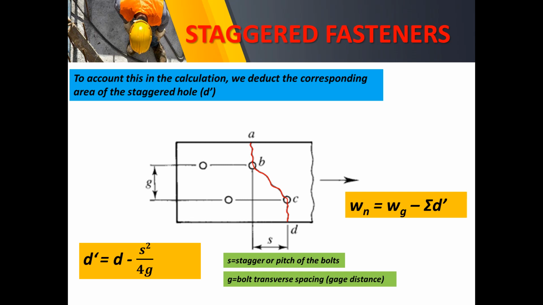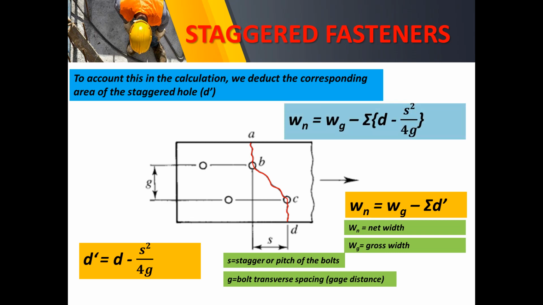Now, the expression S squared over 4G may not be present in your equation in some situations. Wn is the net width, Wg is the gross width. Therefore, the net width of that cross section will be equal to the gross width less the sum of the expression d minus s squared over 4g, or that is the d prime.